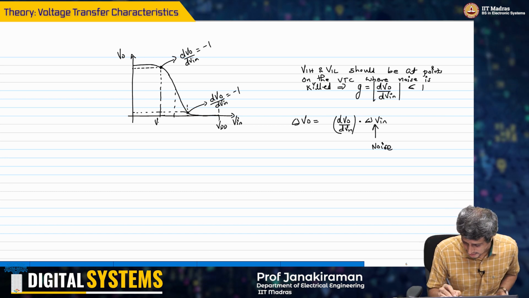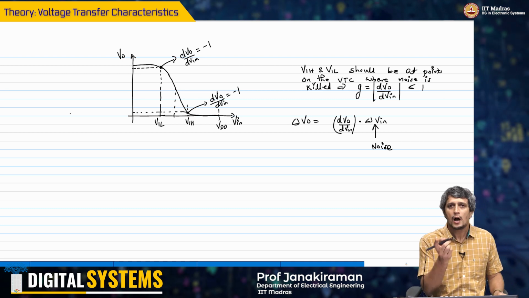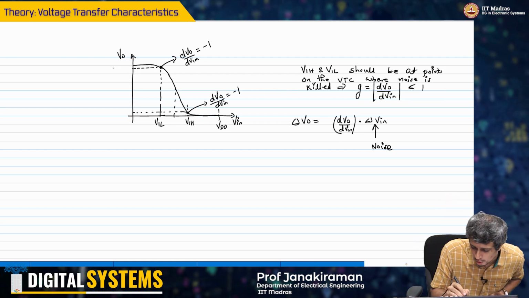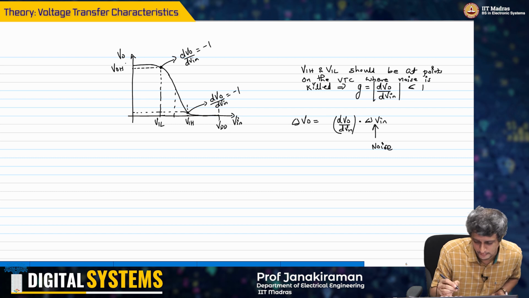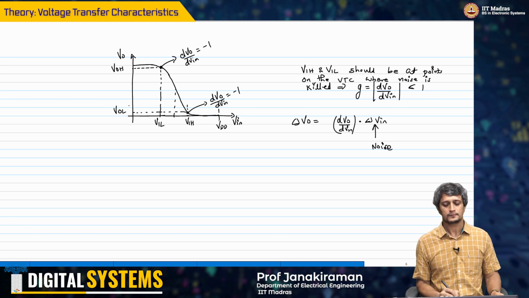So this is VIL, VIH. The corresponding output on the y-axis for VIL is called VOH, and for VIH you have VOL.